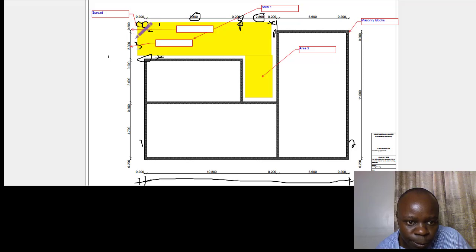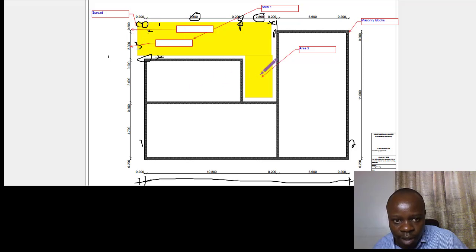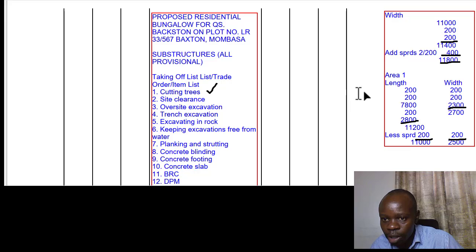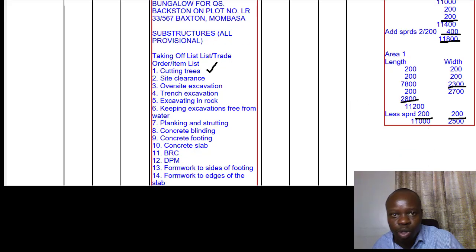So we go to our second area, area 2, and area 2 will also do our adjustments and see what we have for that particular part. Okay, so that is area 1. Then we go to area 2.